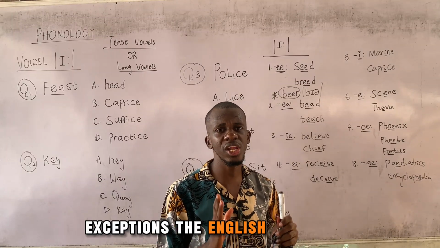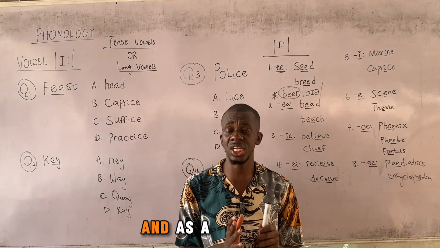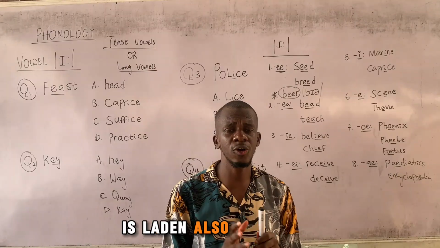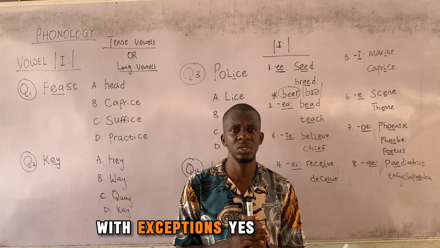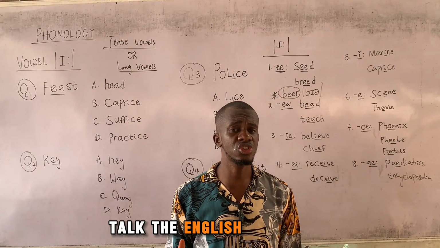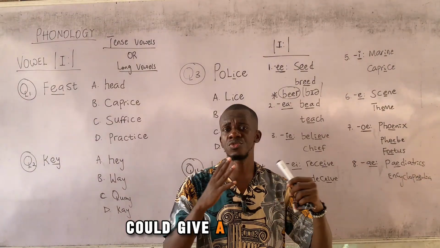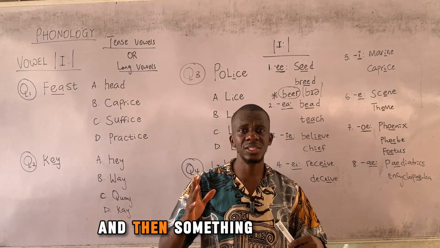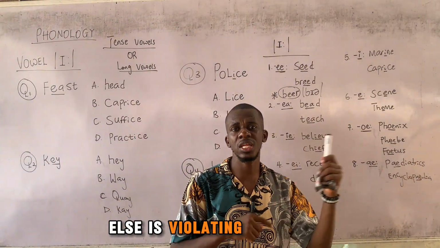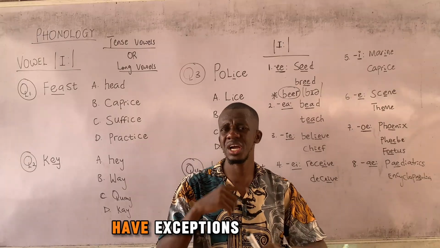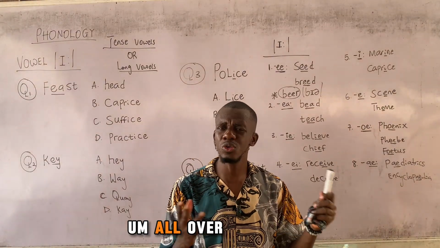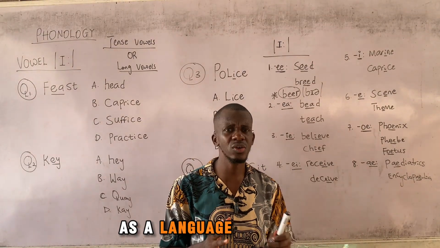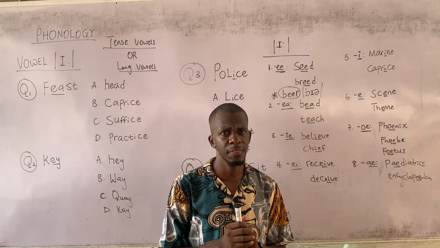The English language itself, as a language and as a subject, is laden also with exceptions. Yes, even when we talk about English grammar, we could give a rule for syntax, and then something else is violating that rule. Yes, so we have exceptions all over the English language as a language and as a subject. All right.